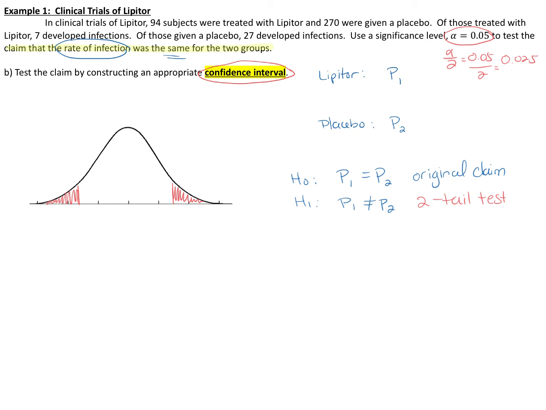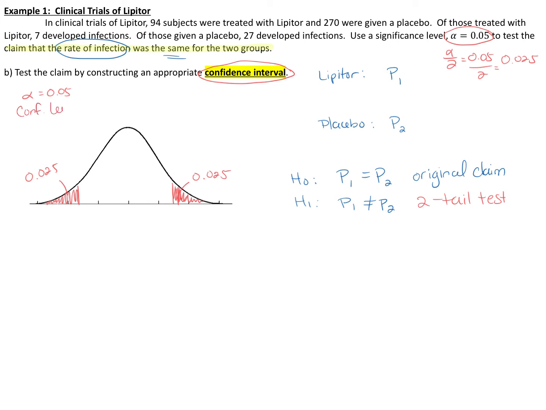All right. And so if I shade the left tail 0.025, the right tail 0.025, together these two areas represent alpha, which is 0.05. And now we need to talk about what is an appropriate confidence interval. So in other words, we need to figure out what our confidence level is.